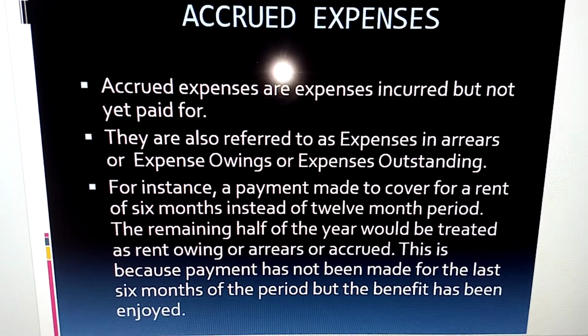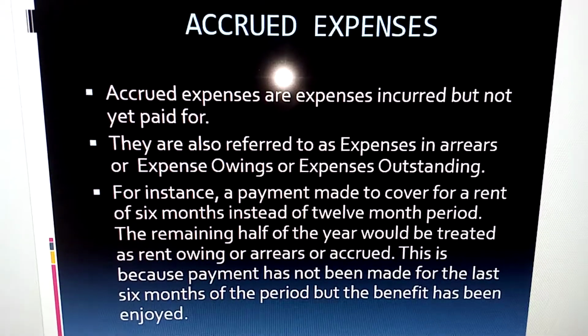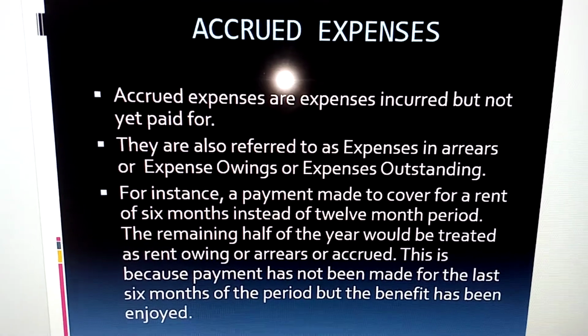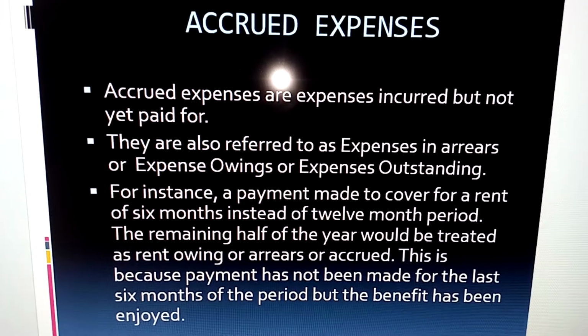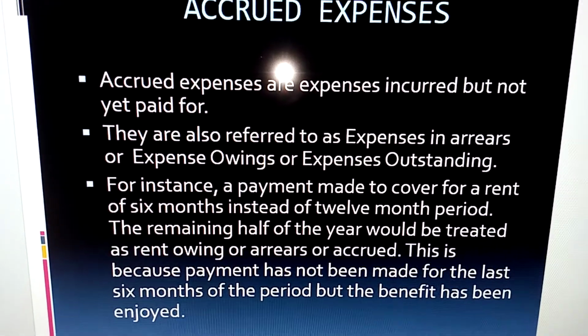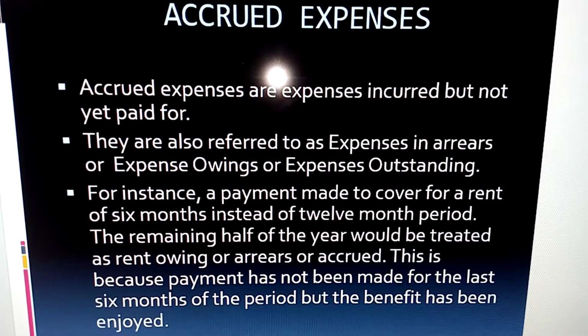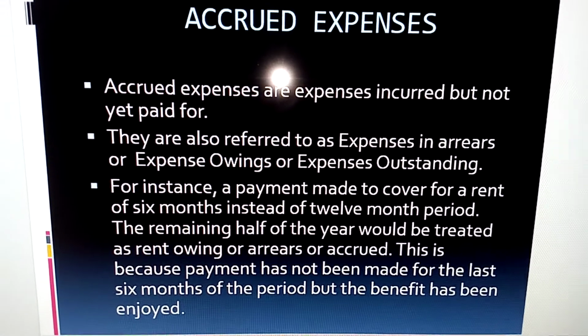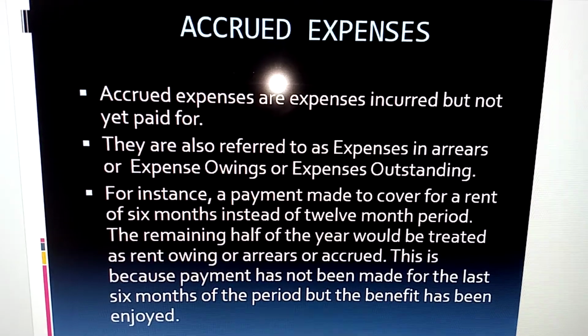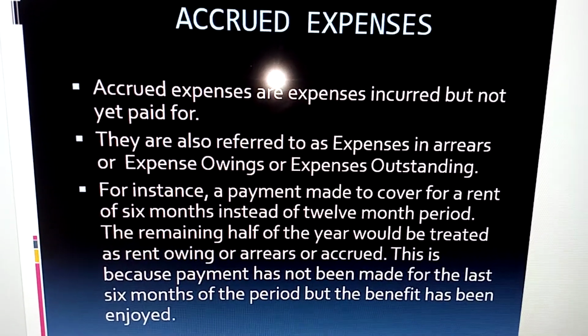Instead of you paying for a year, you paid for 6 months and you have enjoyed for a year. So it means that what? Expense in terms of rent for the last 6 months is what is accrued or is in arrears. So what I'm saying is, whenever there's an expense that has been incurred but payment has not been made, we refer to it as accrued expenses.